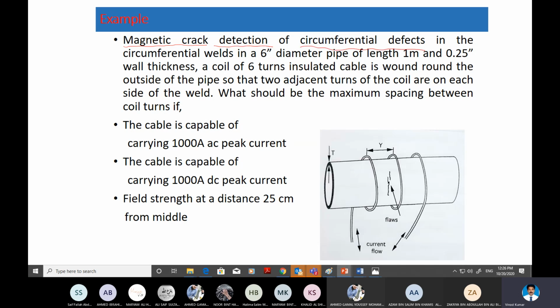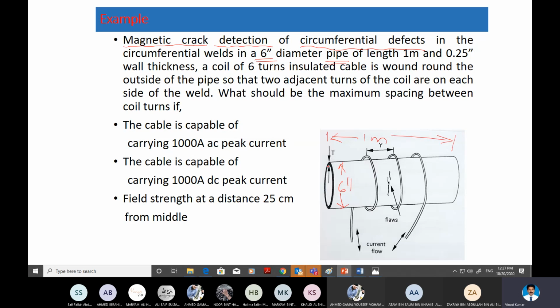We need to find the defects in the circumferential welds in a 6-inch diameter pipe. So we are really testing a pipe. The diameter of the pipe is given as 6 inches, and the length of the pipe is given as 1 meter.